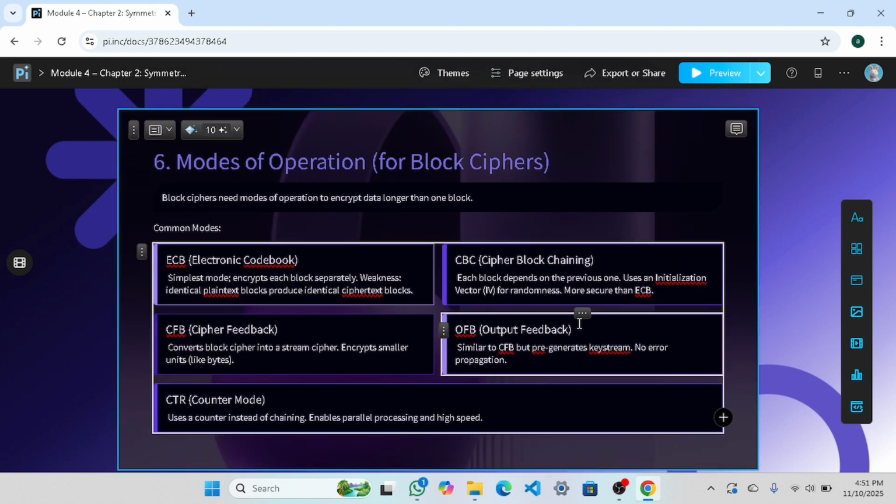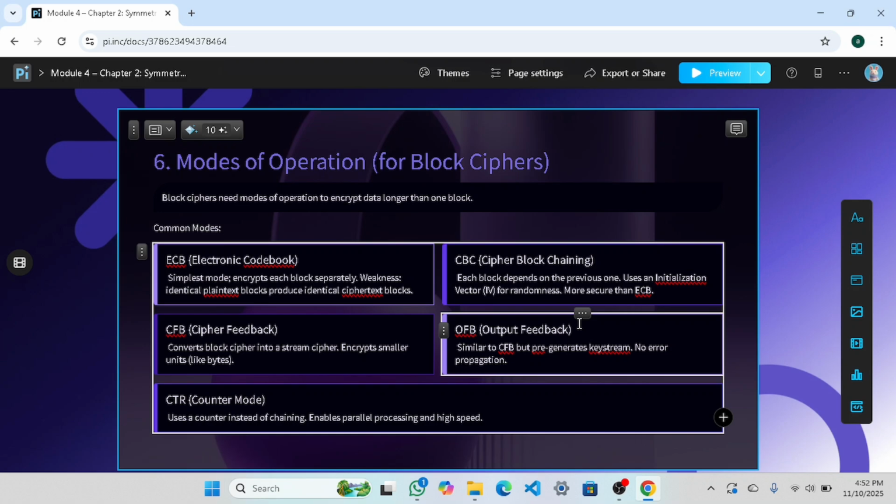Then let's move next. Here we will see the modes of operation for block ciphers. ECB, electronic codebook. CBC, cipher block chaining. CFB, cipher feedback. OFB, output feedback. CTR, counter mode. ECB is a simple mode that encrypts each block separately.